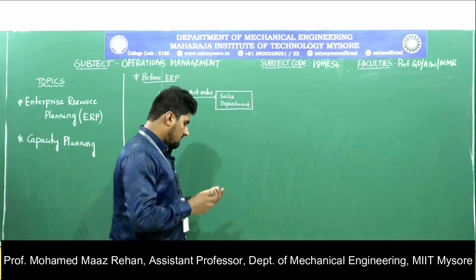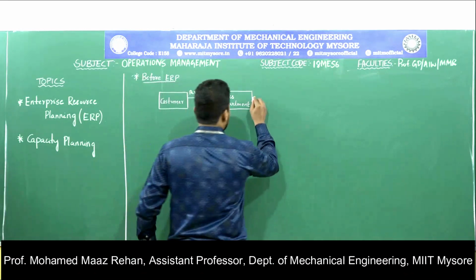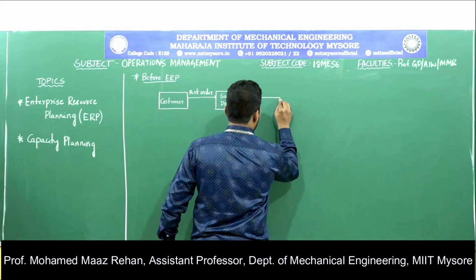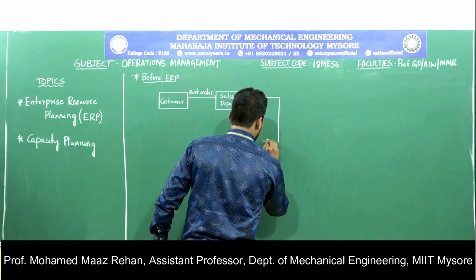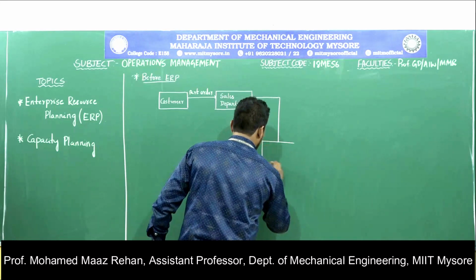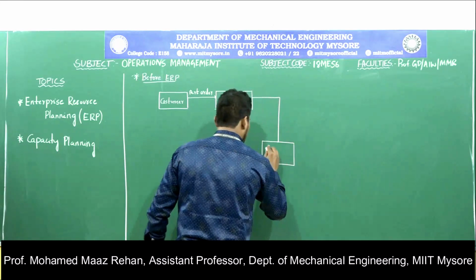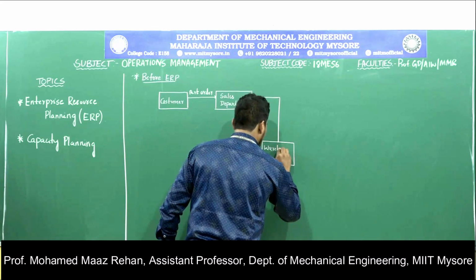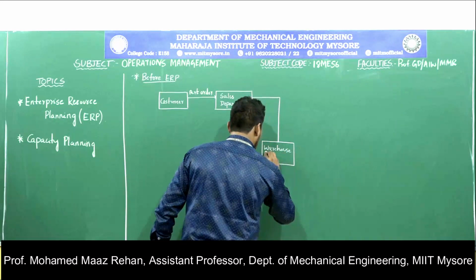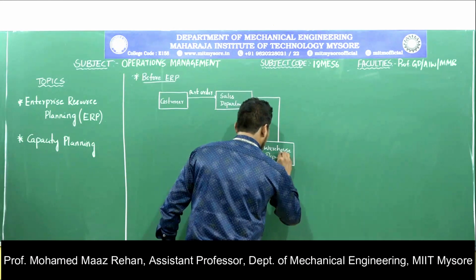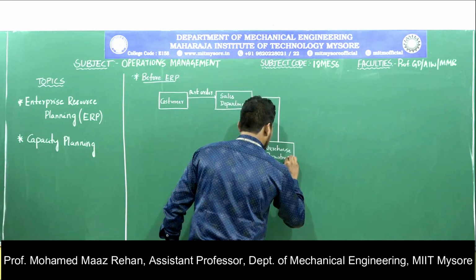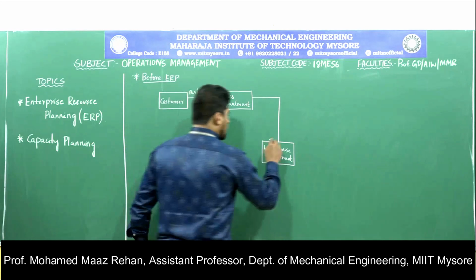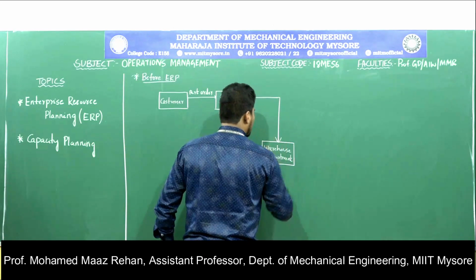This sales department needs to check the parts that are available in the warehouse, correct? So the sales department will call the warehouse department, telling them that a customer has ordered so and so product, and asking whether the product is available or not.